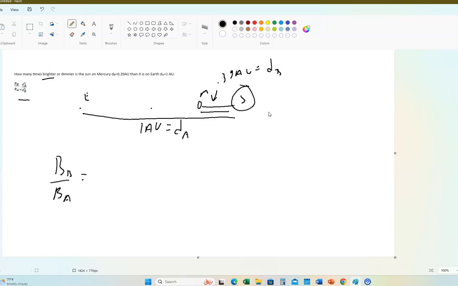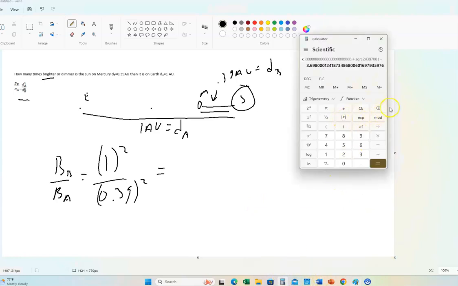And then we take the distance. The distance to A, the Earth in this case, is 1 squared, divided by 0.39 squared. This is going to give us how much brighter it is on Mercury than on the Earth.